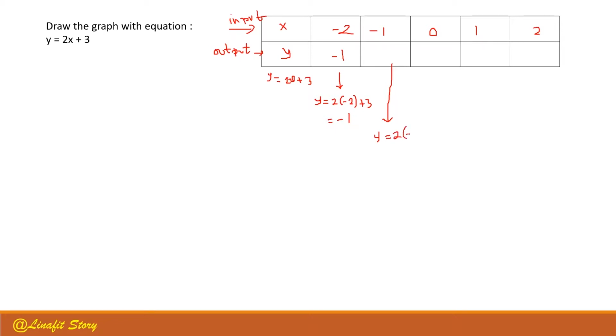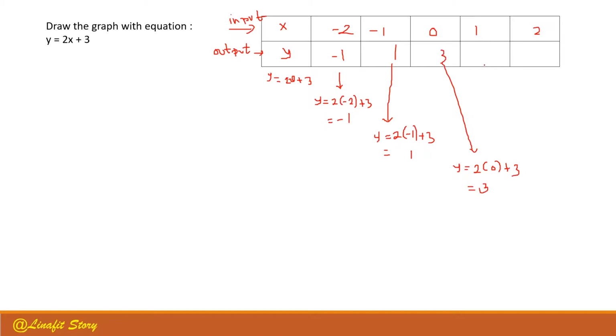So 2 times negative 1 plus 3. Negative 2 plus 3 is 1. If x is 0, y is 2x plus 3. So 2 times 0 plus 3. 2 times 0 is 0, plus 3 is 3.